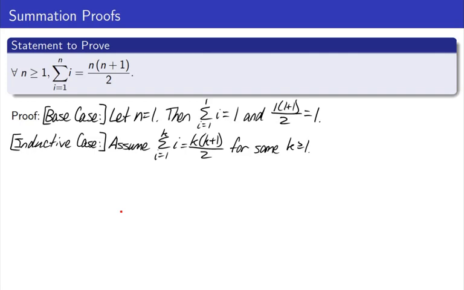And then let's write down what we're trying to show. We want to show that the summation for i equals 1 to k plus 1 now, of i, is equal to, this becomes k plus 1 over here.